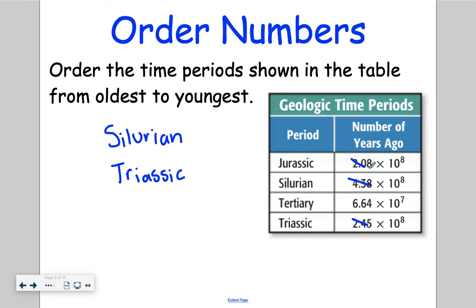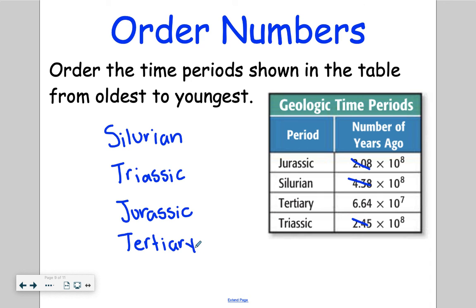And then we've got our last one, which would be the Jurassic period. So that takes care of all of our values that have an exponent of 8. And then we come down to this last one, which had an exponent of 7, so it was automatically the smallest. So our Tertiary period is the most recent period.